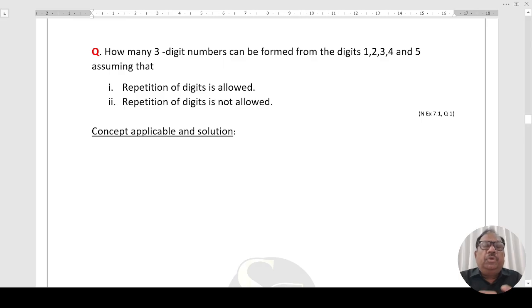Question: how many 3-digit numbers can be formed from the digits 1, 2, 3, 4 and 5, assuming that repetition of digits is allowed, and repetition of digits is not allowed.